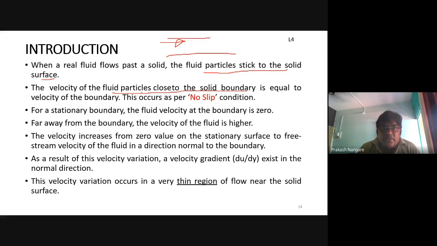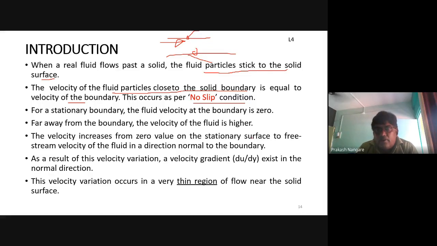The velocity of the fluid particle close to the solid boundary, so this is the solid boundary of the pipe section, it is a conduit, is now equal to the velocity of the boundary, and this occurs as per the no slip condition. So for a static boundary, the fluid velocity at the boundary is zero, meaning the velocity at the boundary is almost zero.